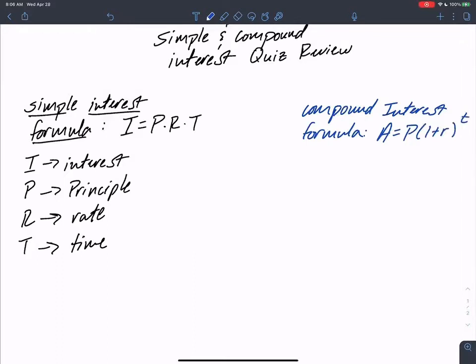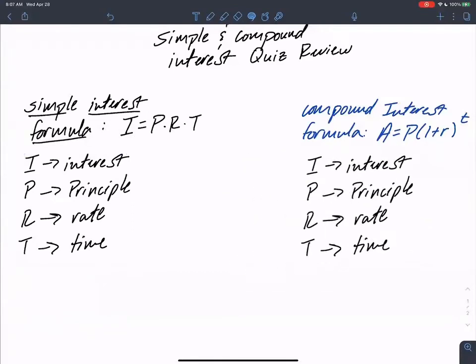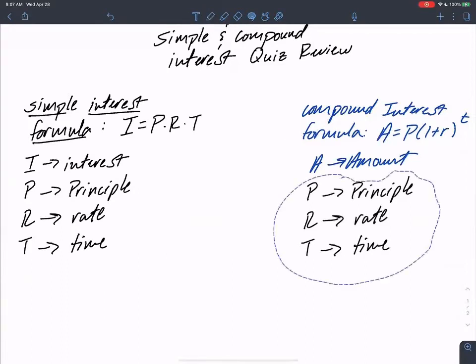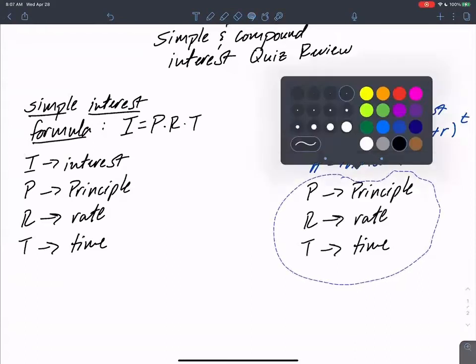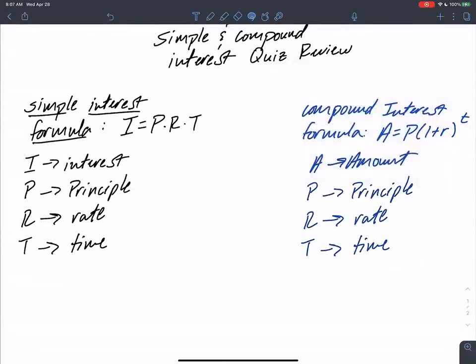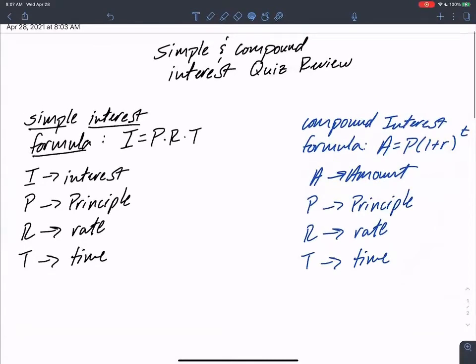And a lot of the values are the same, with the exception of that A, which is amount. Any questions? If I'm going too fast, please let me know.